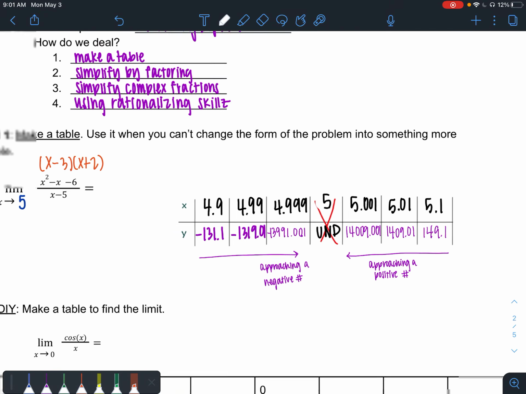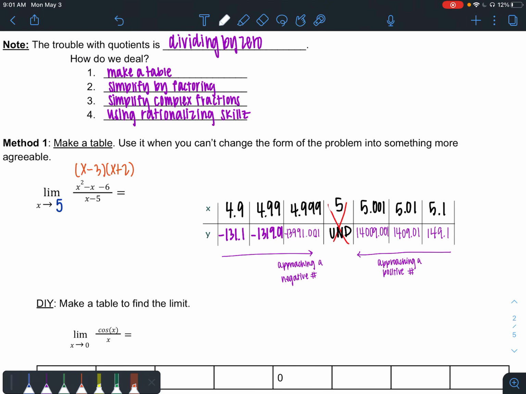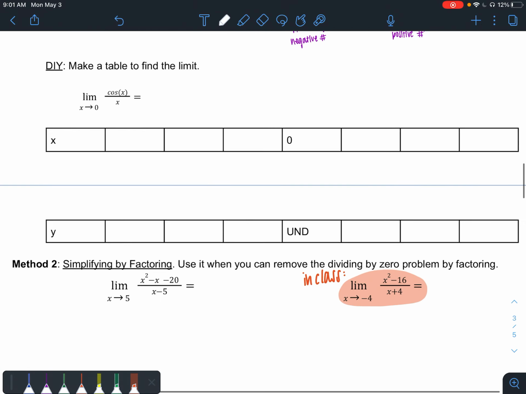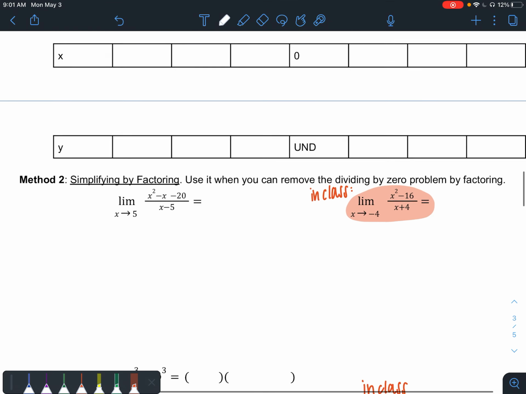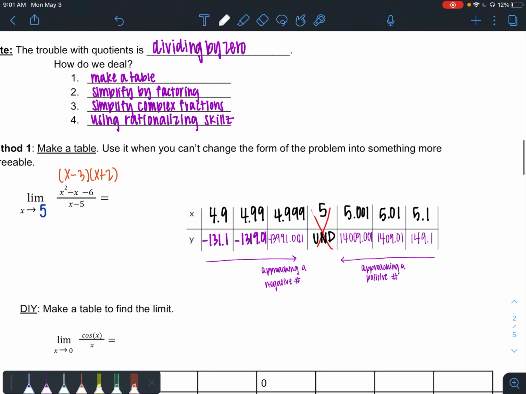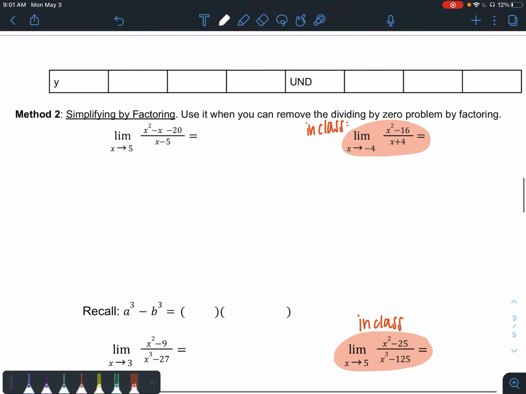Just something to think about there. We'll save that one for class. Now, in the same way, if they were approaching the same number, and it'll be pretty obvious, then we would have a limit.